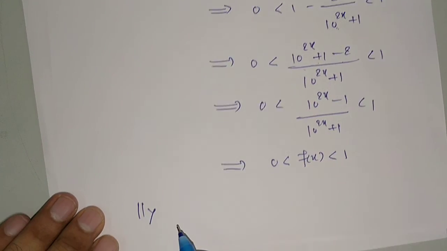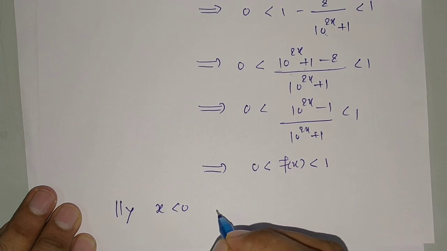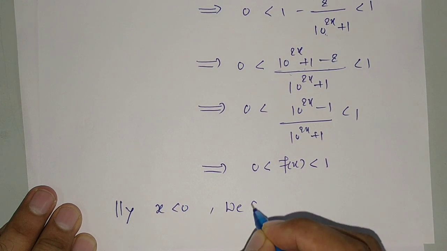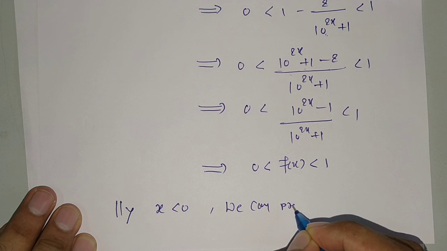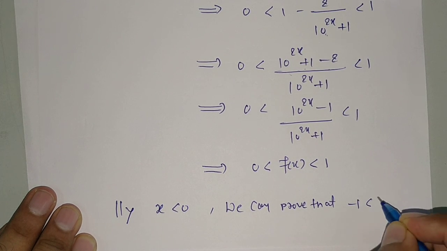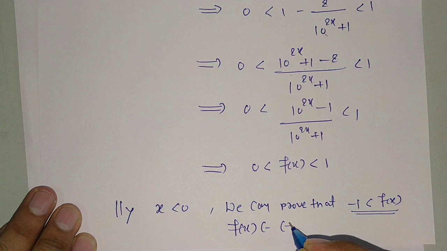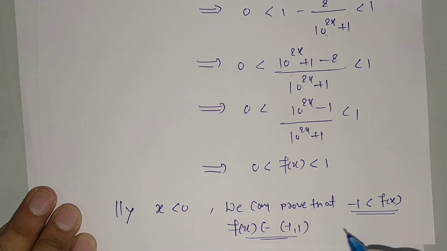Similarly, by taking x less than 0, we can prove that minus 1 less than f of x. So f of x belongs to the open interval minus 1 to 1. Therefore f is onto.